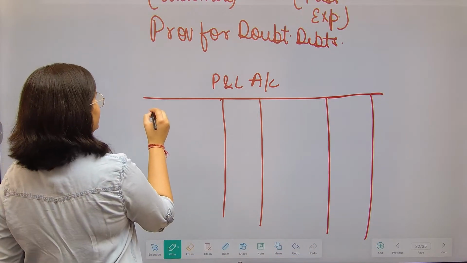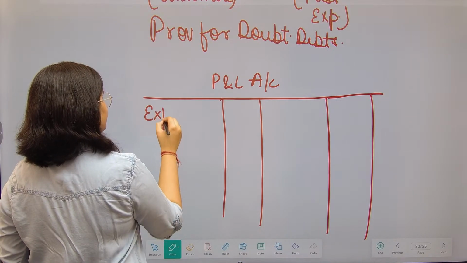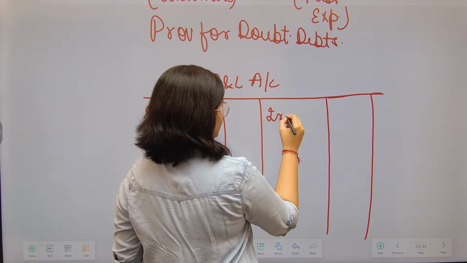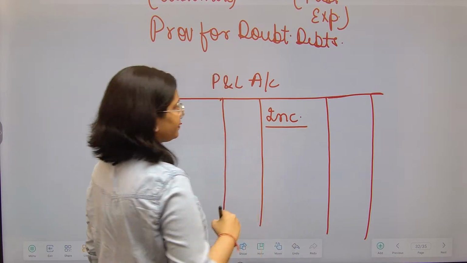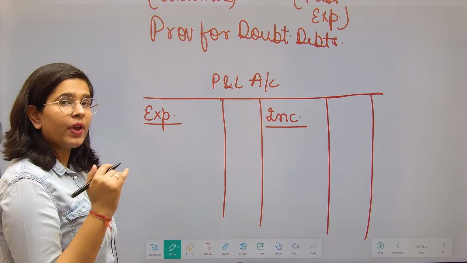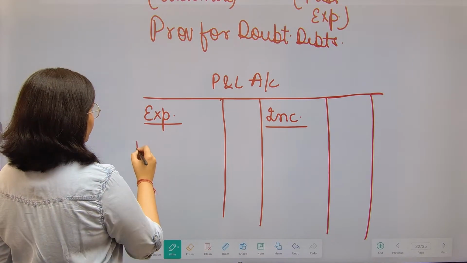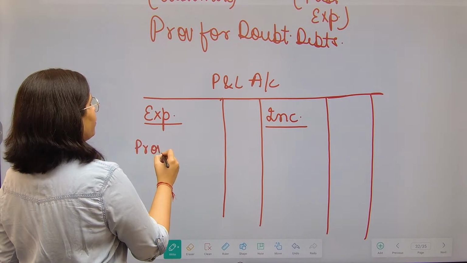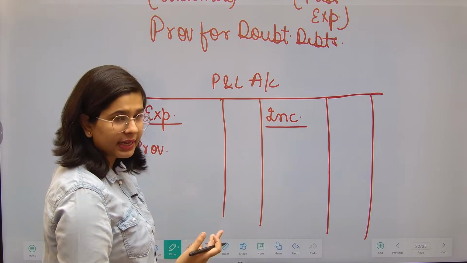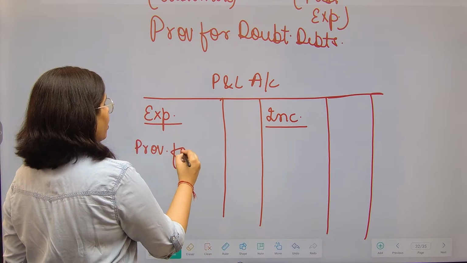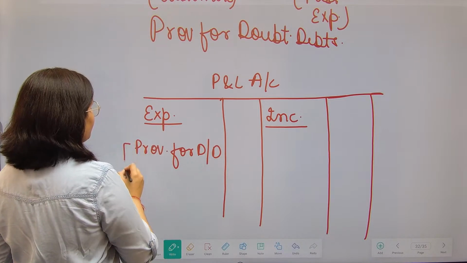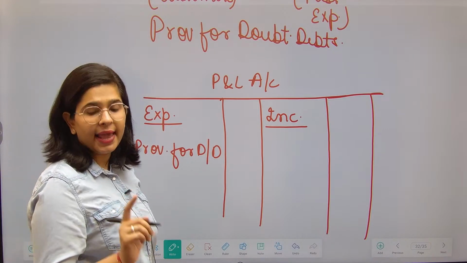In this particular case, here are expenses, these are incomes. So where you will write the provision, you will write over here: provision for anything, like provision for taxation, for upcoming tax related liability, provision for doubtful debts. So all such provisions are recorded as an expense.